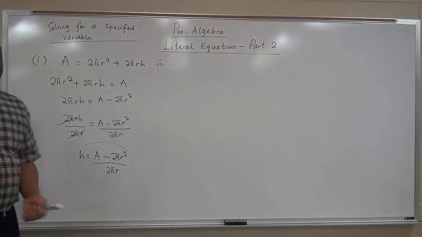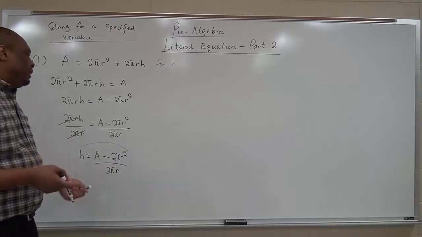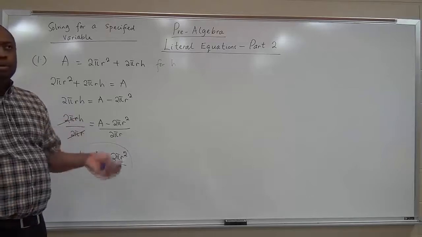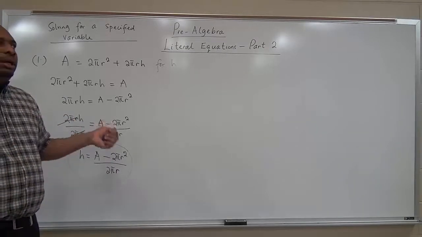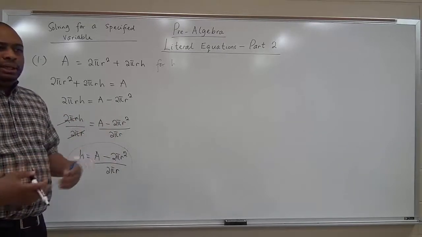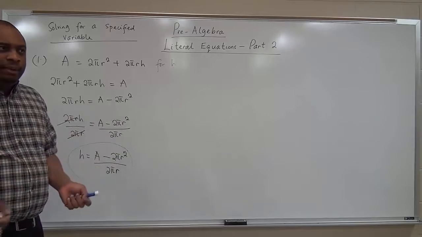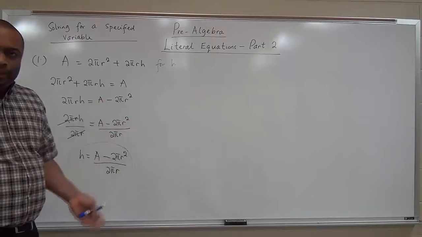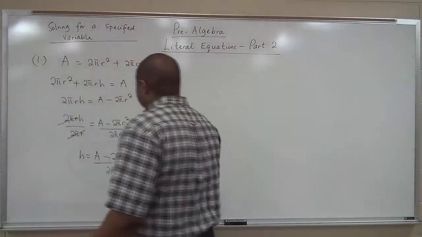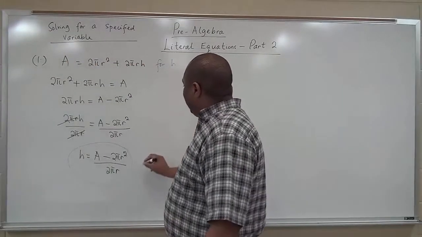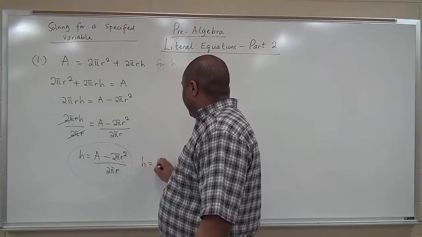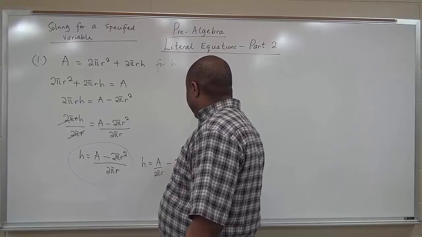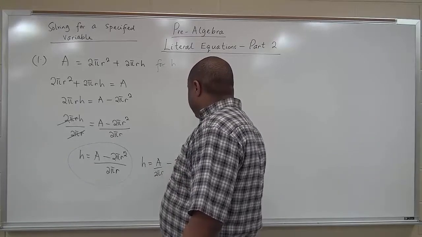Now, some students will leave the answer like this. Some students will go further and try to overdo the problem, and in that process, you can mess up the answer. Some students might want to say that h is equal to A over 2 pi r minus 2 pi r squared over 2 pi r.